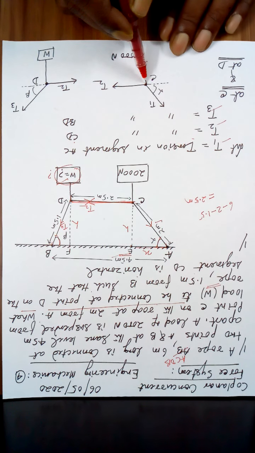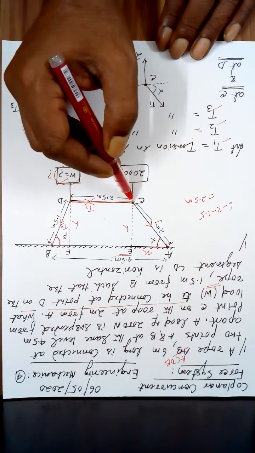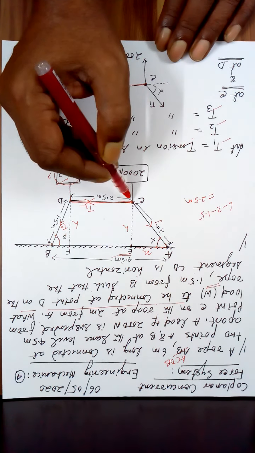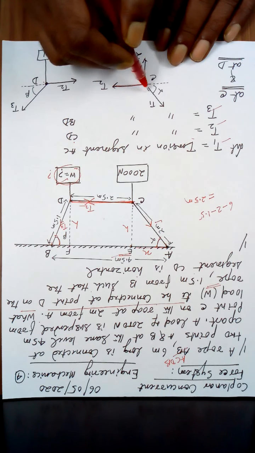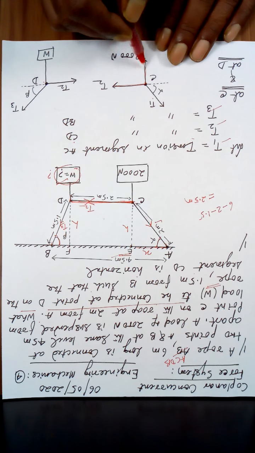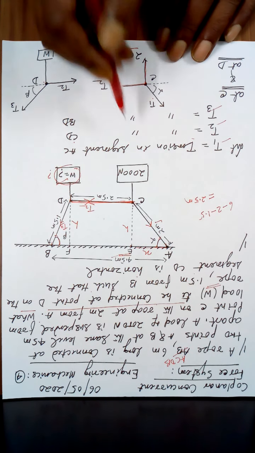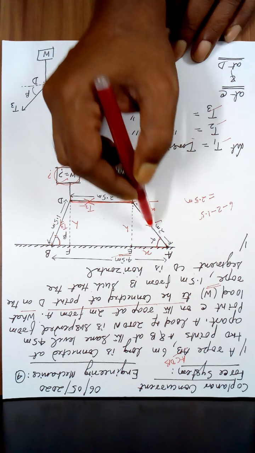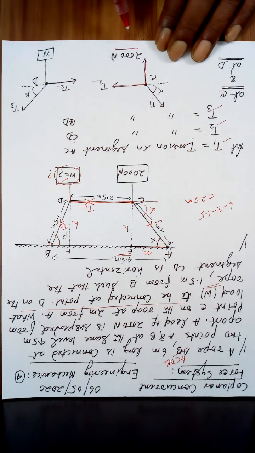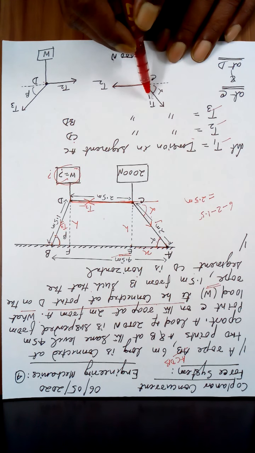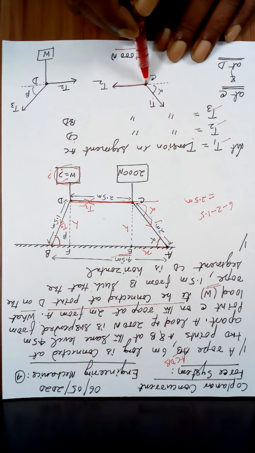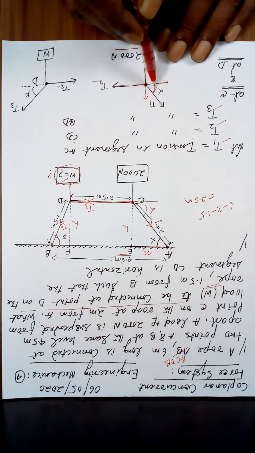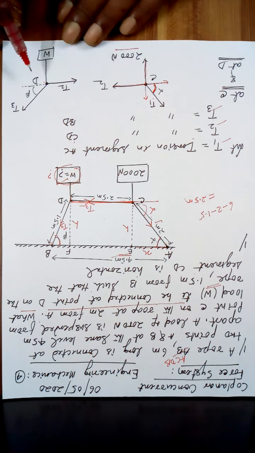Now look at point C and point D. At point C, to this side tension T2, to this side tension T1, and the load 2000 Newton. Now if you draw a horizontal line like this, this angle will also be alpha, alternate angle. So to resolve T1 into rectangular components, one along this side and one along this side, we need to first calculate alpha.